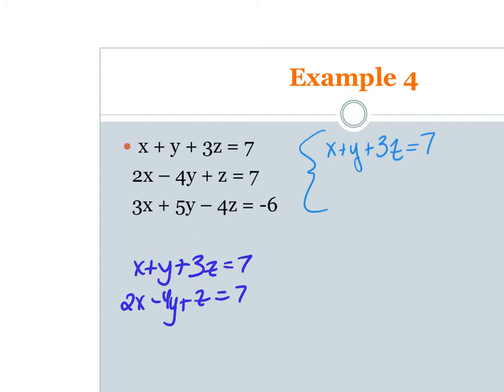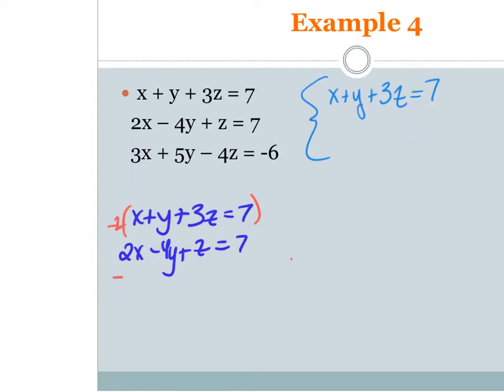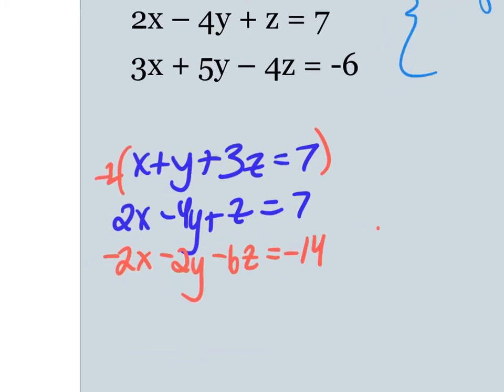How can I combine these? Multiply the top by negative 2. Okay, so negative 2x, negative 2y, negative 6z equals negative 14. Agreed? Did I do all the math right?